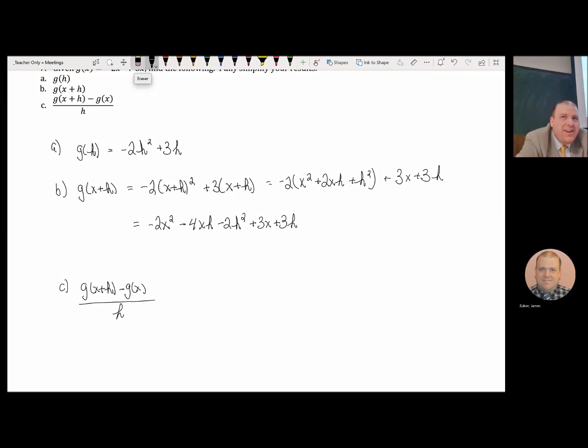In Calculus 1, you study an operation known as the derivative. The derivative is a limit of the difference quotient. So that's algebra.